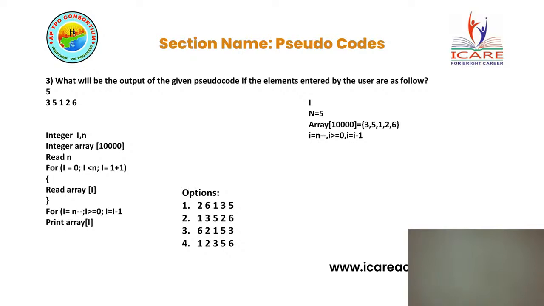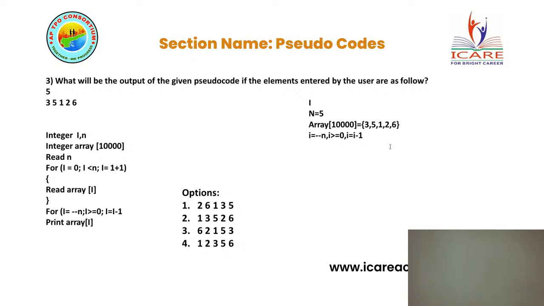It is minus minus n. So I is equal to minus minus n. It is a pre-decrement operator.